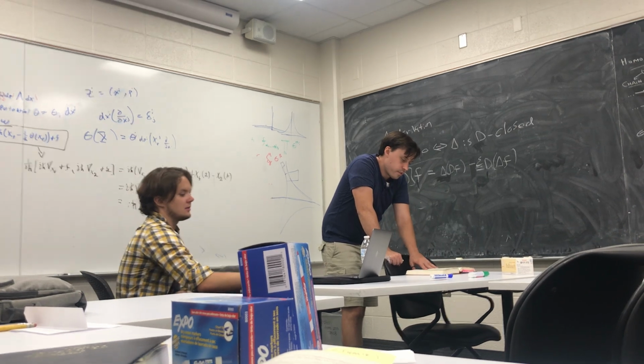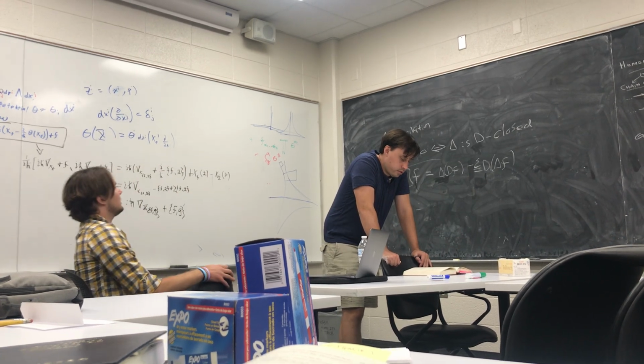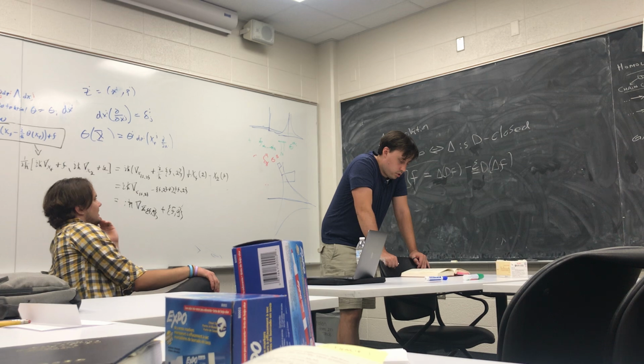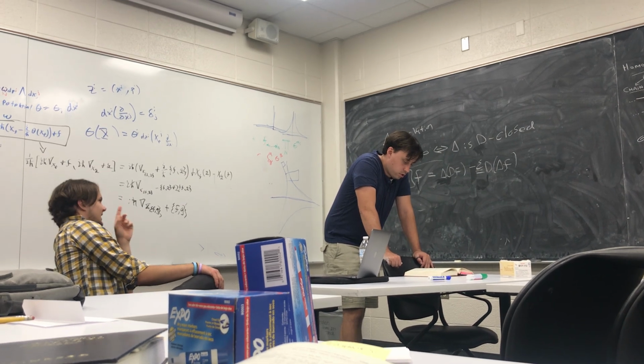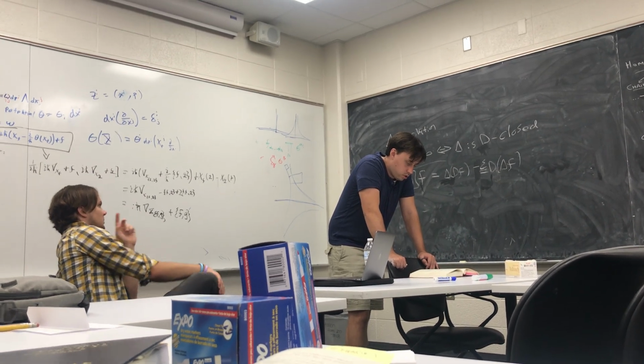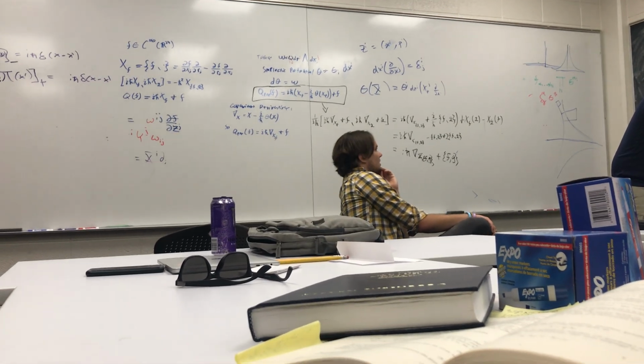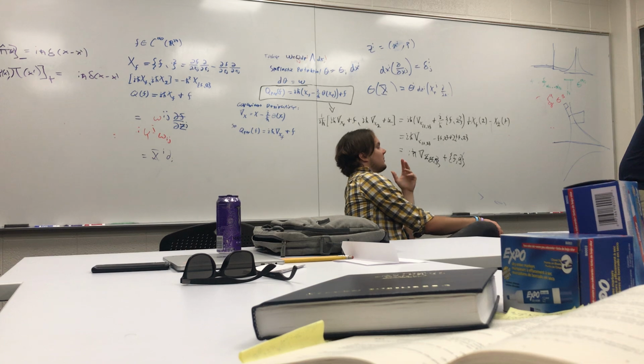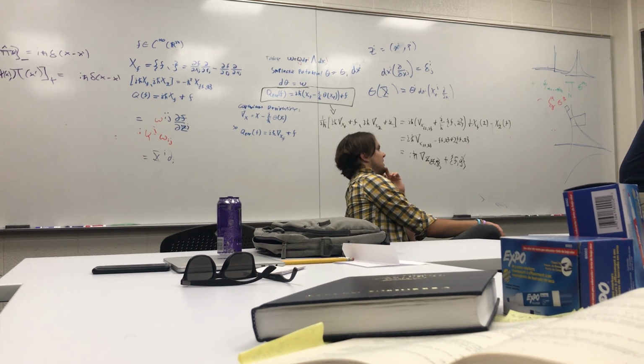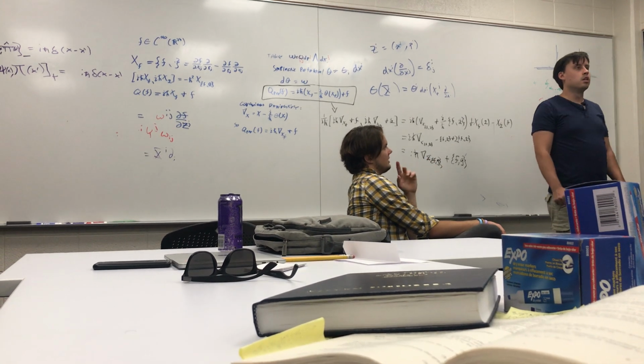So closed has something to do with the kernel, right? I don't like that he's using d-closed, to me that gives you the wrong impression. Because when I think d-closed, I think d of delta is always 0.